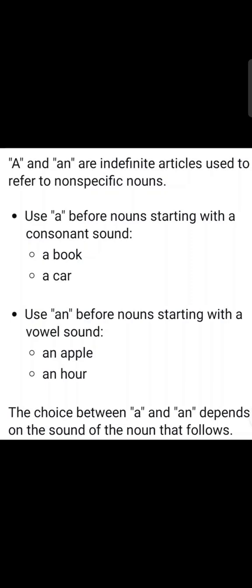But since the word is being pronounced as "our", here H is being sounded as a vowel. So if we say that only if a word has a consonant letter in its initial, a should be used, then it will become wrong, because a will only be used before a noun that starts with a consonant sound.